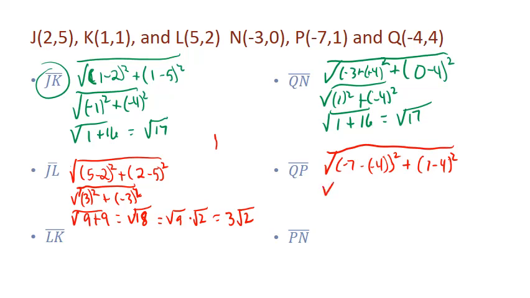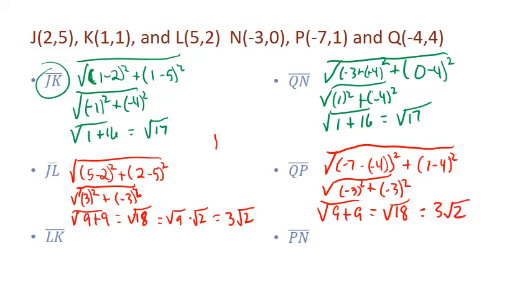Okay, so let's see, -7 minus -4, and that's going to be -7 plus 4, so that's going to be -3 squared, plus 1 minus 4 is -3 squared, which is then 9 plus 9, or the square root of 18, or as we further simplified that, 3 square root of 2, as we did over here on the left. All right, so our second side lengths, corresponding parts, then appear to be congruent, equal to each other.